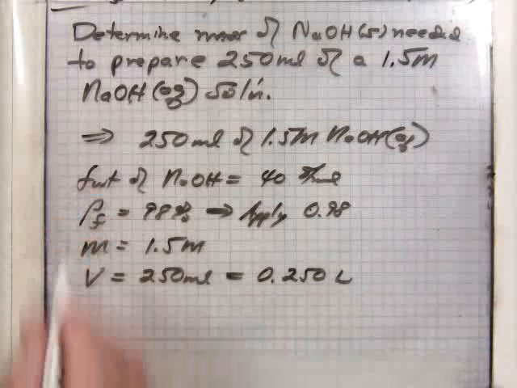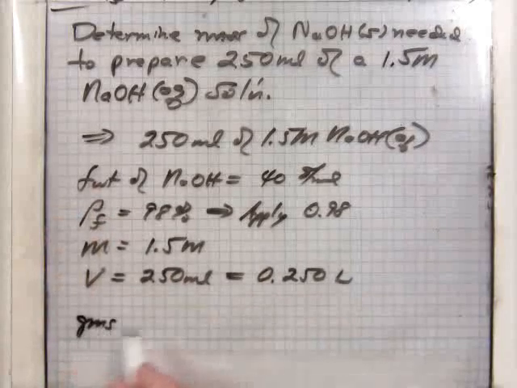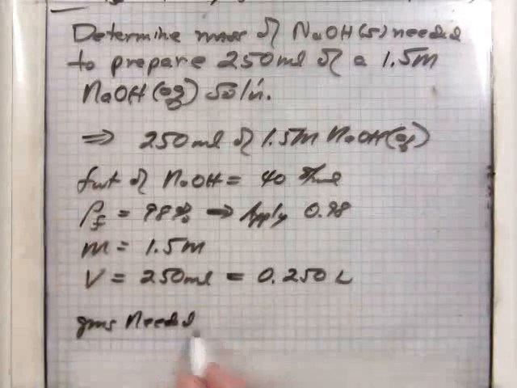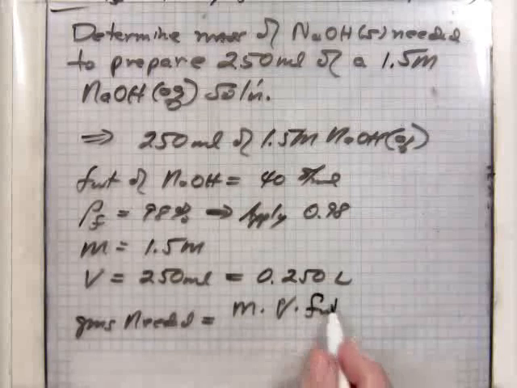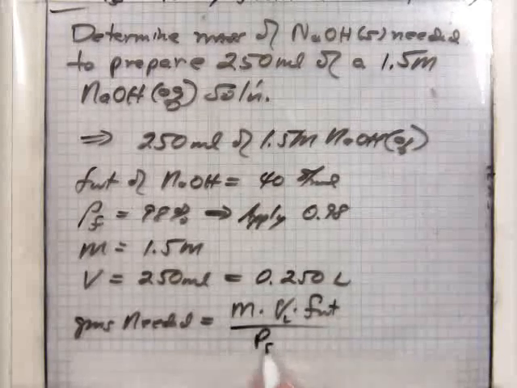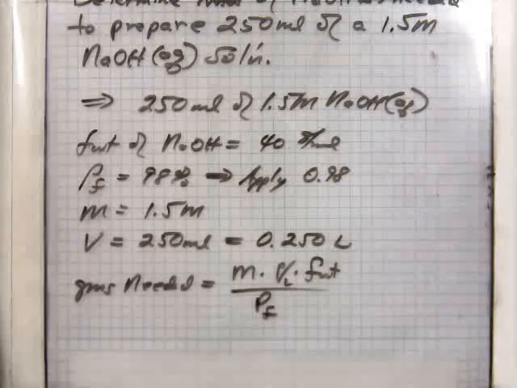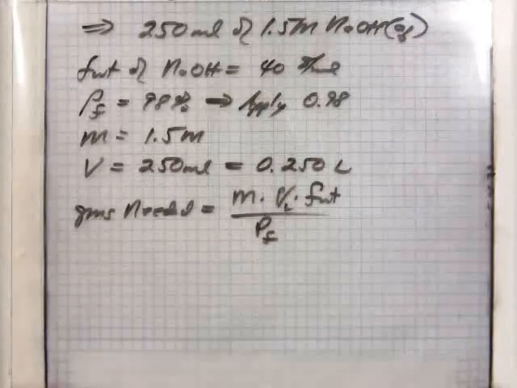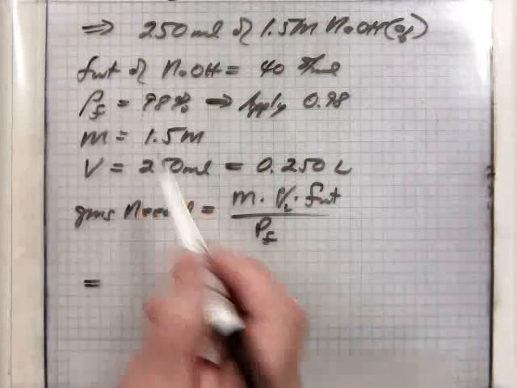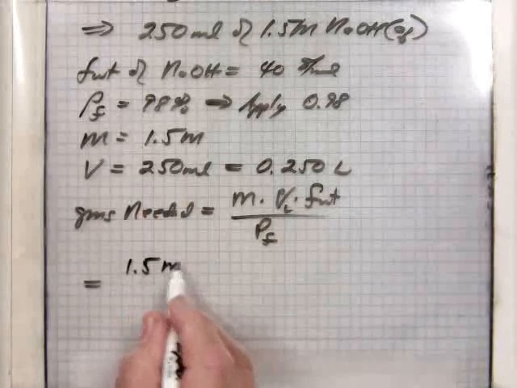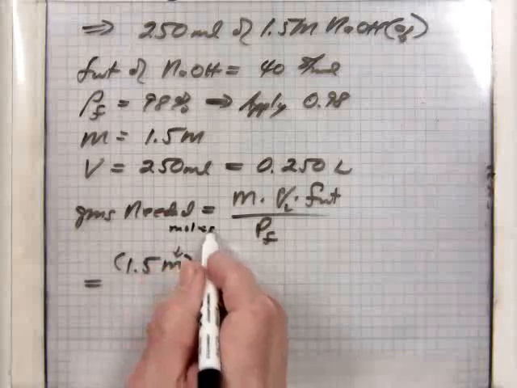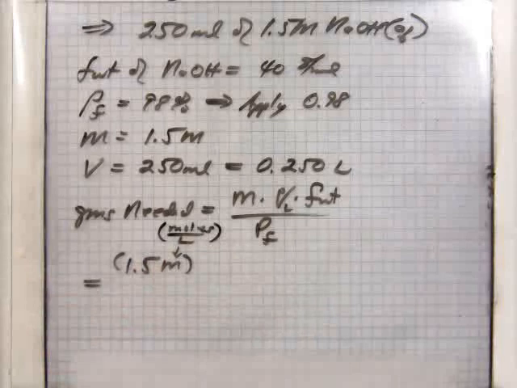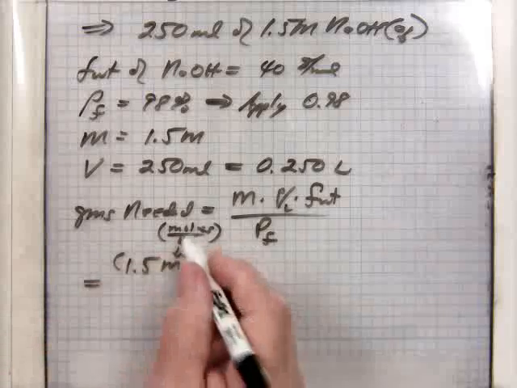That's formula weight divided by purity factor. So the grams needed is now equal to molarity times volume times formula weight, and volume is expressed in liters, divided by your purity factor. So now the molarity is 1.5 molar. Now remember, molarity is moles per liter. So if you were checking the units as you go through the calculation, that would help, knowing that that's moles per liter.